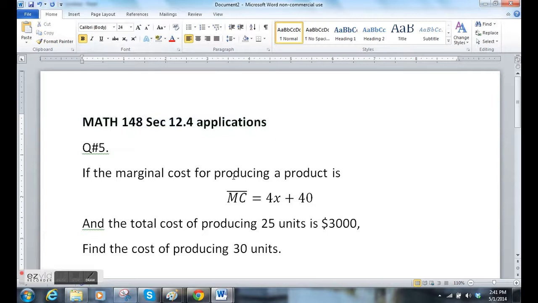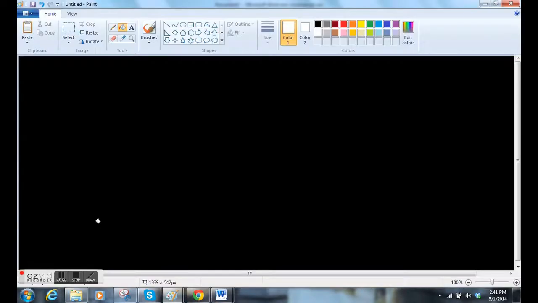Hi guys, this is Math 148 and we're looking at section 12.4, which is applications of integrals. In previous sections, in chapter 10, we were given a cost function and asked to find the marginal cost.